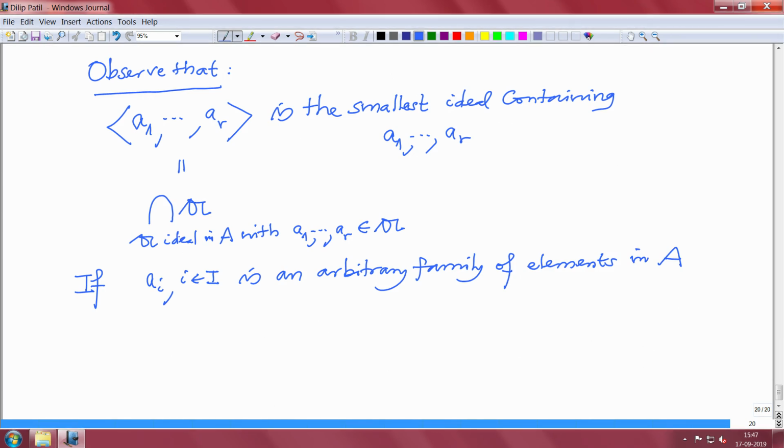Then the smallest ideal containing all these elements is called the ideal generated by the a_i's, and again we will denote it by this one.